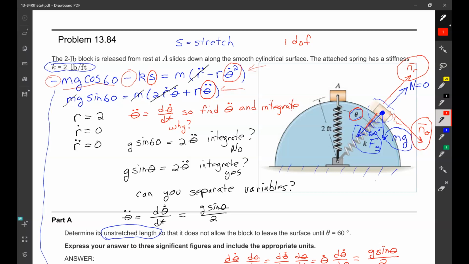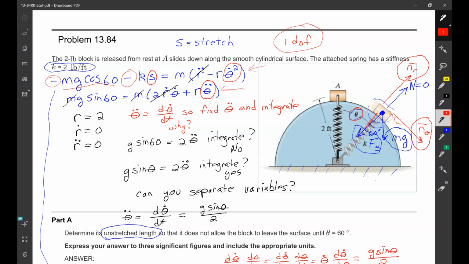How do you know it's not another free body diagram? The reason is because if you count how many unknown motions you have, theta double dot, theta dot, and this position stretch, that's three unknown motions or non-force variables. And you have 1 degree of freedom, so you should only have one of those, but you've got three.